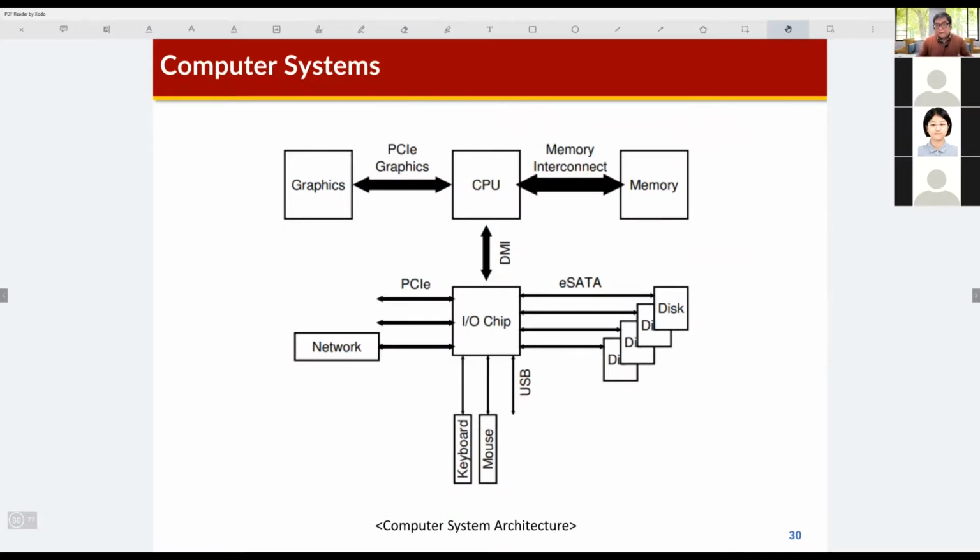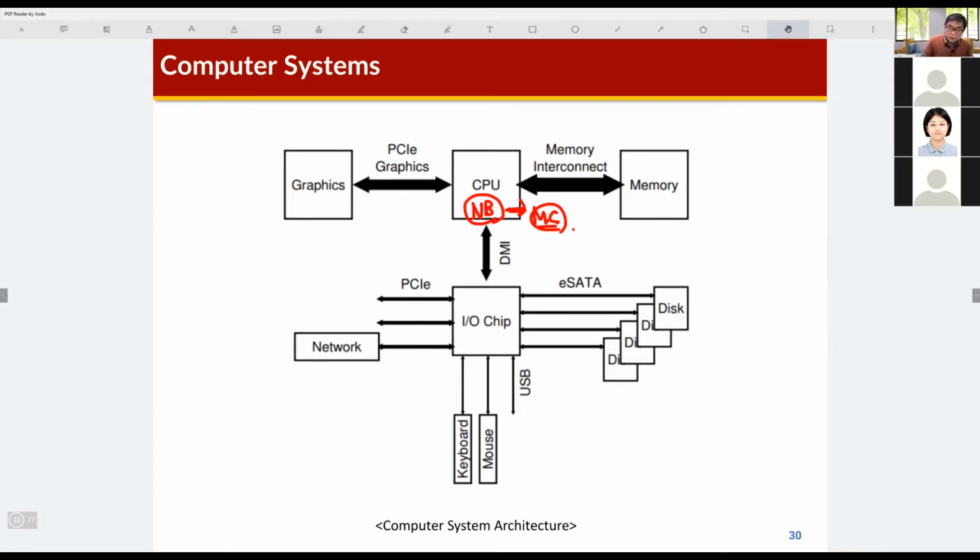But this is the modern architecture of the computer system. For modern computer systems, the north bridge part is included in the CPU chip. This north bridge includes the memory controller. The data in the memory is connected to the CPU by this memory controller.